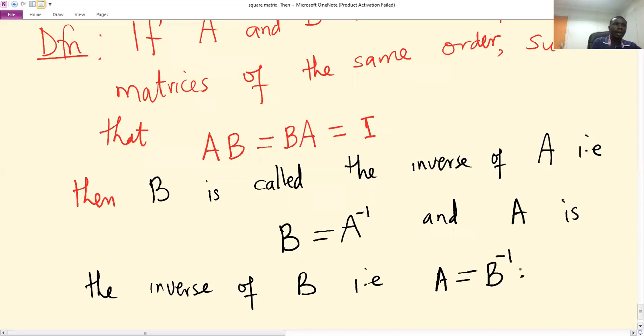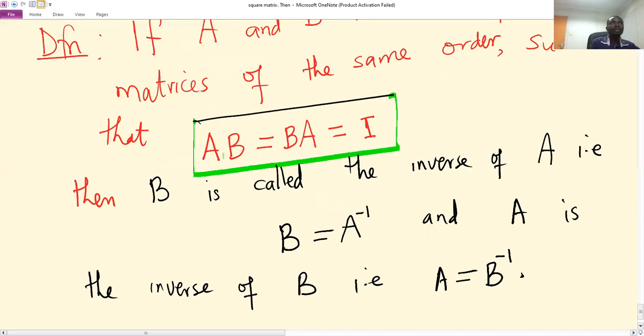So this is how we define the inverse of a square matrix. So the inverse of a matrix A is another matrix B of the same order as A, such that when I take A times B, it's the same thing as multiplying B by A, and I get an identity matrix.